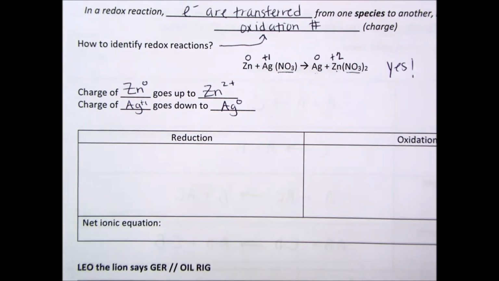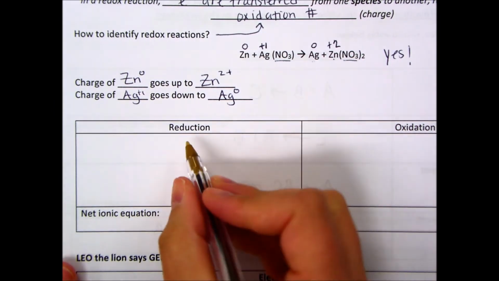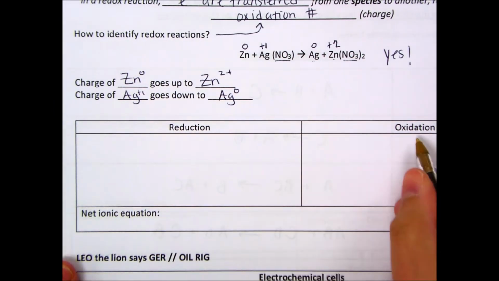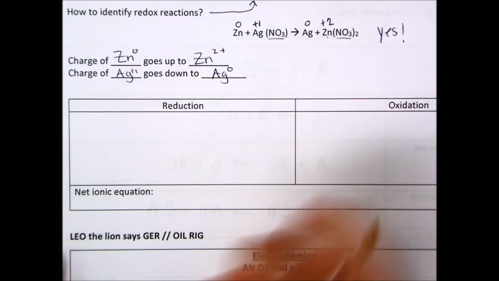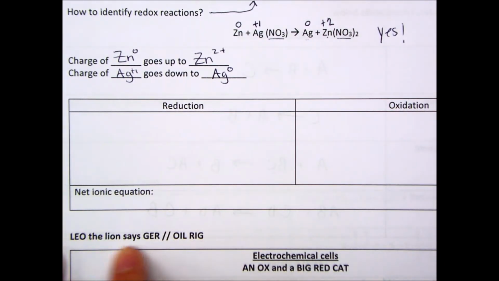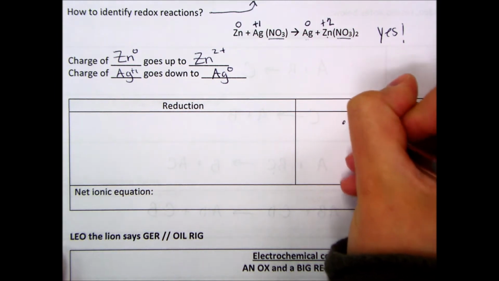So let's look at that transfer of electrons a little bit closer by using these words reduction and oxidation. And keep in mind, we have a couple ways to remember this. Leo the lion says GER, and OIL RIG. So LEO, losing electrons, is oxidation. So let's add that here.